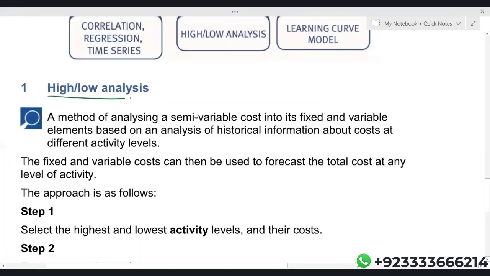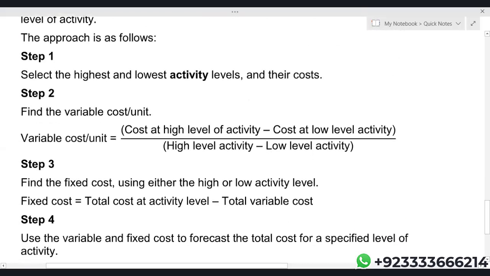Hilo method, previously we have already discussed, so we'll not be spending so much time on this. Basically, by using the Hilo method, we can separate the semi-variable cost into variable and fixed cost components. So how do we perform this Hilo method? Cost at a high level of activity minus cost at a low level of activity, divided by high level of activity minus low level of activity.